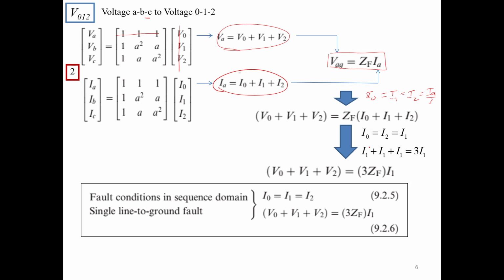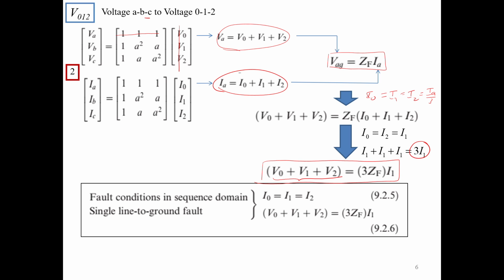We can replace I0 by I1, and I2 by I1. So you have three I1s on the right. Now we can see that V0 plus V1 plus V2 is equal to 3ZF times I1.